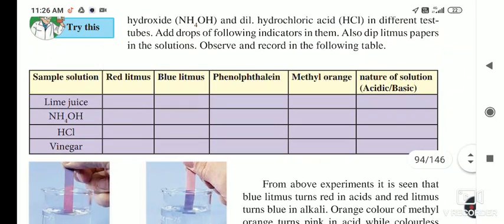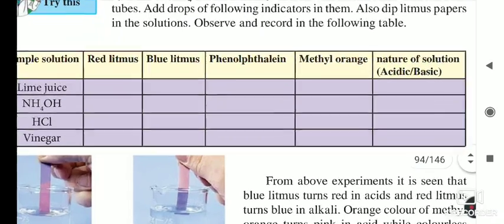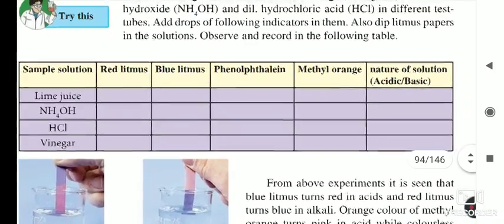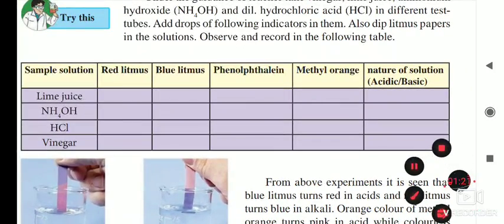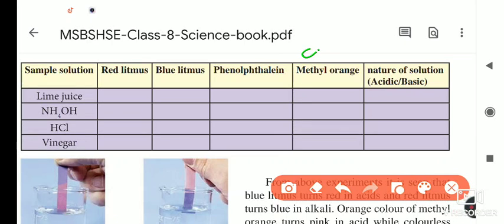So first of all, we have to take the lime juice. Now we are not in a lab, so we have to solve it orally only. As I told you before, lime juice has which acid?